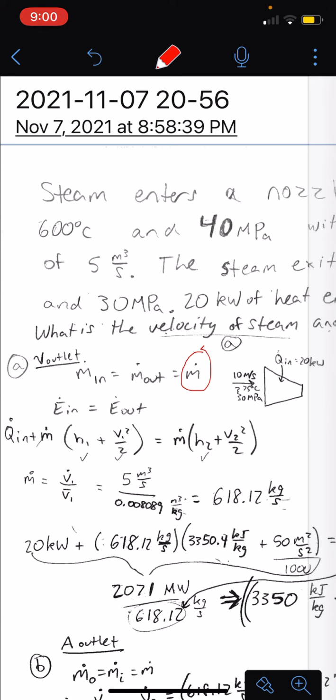So that would be the heat in plus the mass flow in times specific enthalpy at state 1, plus the velocity of steam at the inlet squared over 2, and that is the kinetic energy. That's equal to energy out, which is mass flow rate times specific enthalpy at the outlet plus the velocity of steam at the outlet squared over 2.